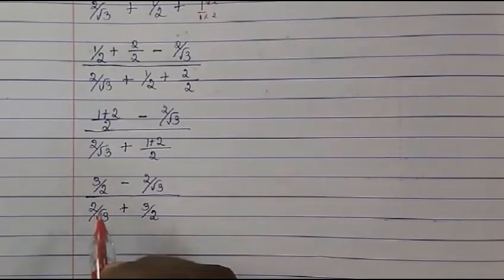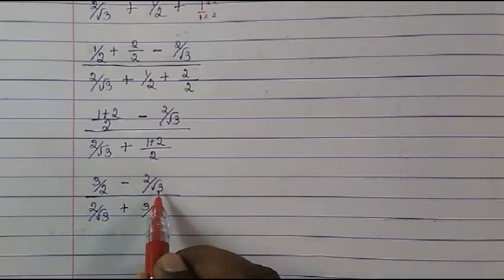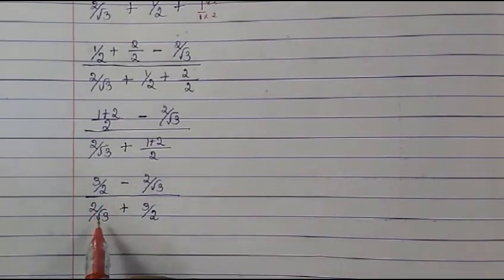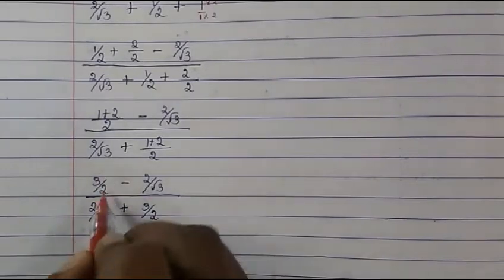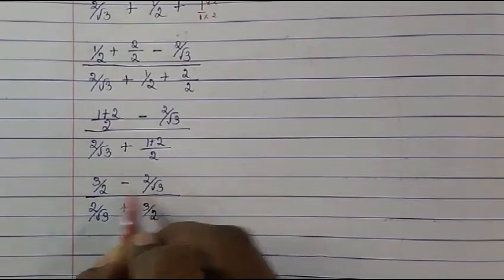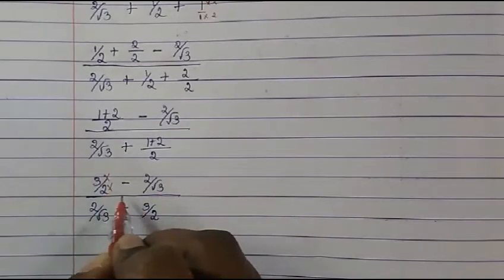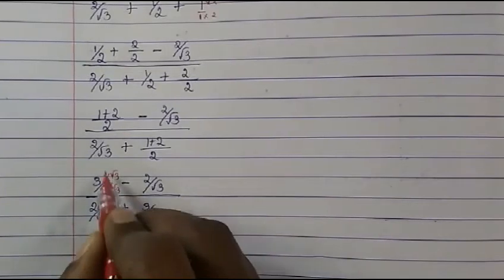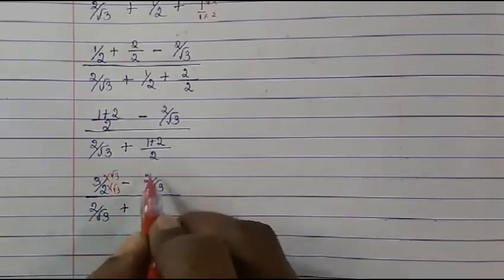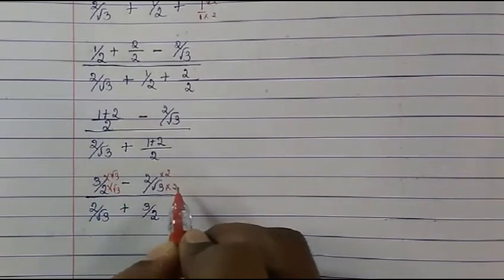So now again you see, here in denominator we have 2, here we have in denominator root 3, here in denominator root 3, here we have in denominator 2. So we have to get it the same. For this, with different numbers, both sides we will multiply with root 3 for this number, and here it is 2, so with 2.